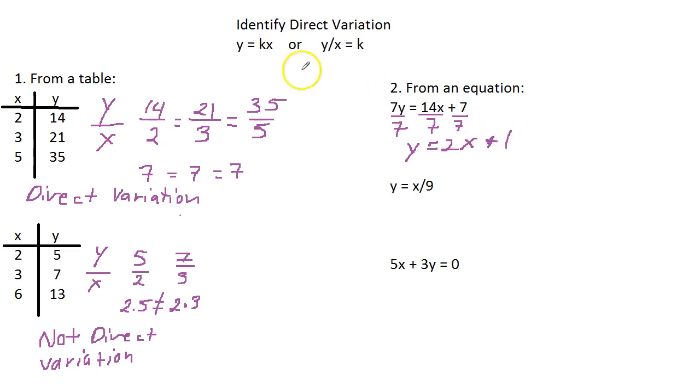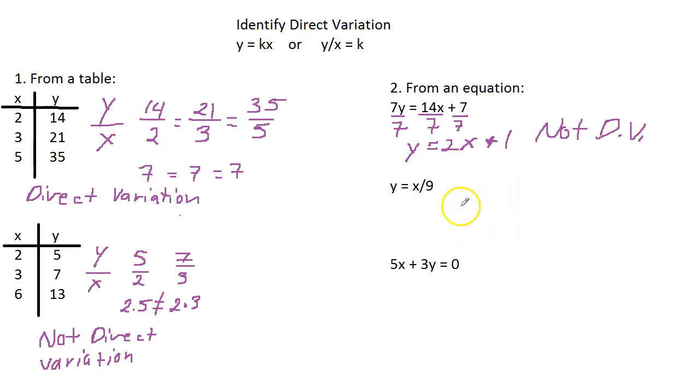Well, if we look at our equations, that's y equals k times x. There is nothing added to or subtracted from this. So this is not direct variation. I'm going to abbreviate it as DV, not direct variation.